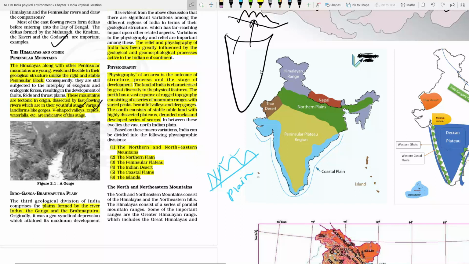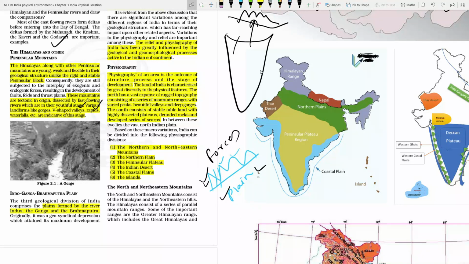So the forces are working still, but Himalayas has not converted into the plain. It will take time. It will turn from young stage to the older or mature stage, or mature to the older stage, then only it will be converted into the plains.